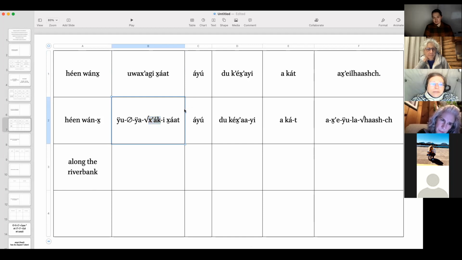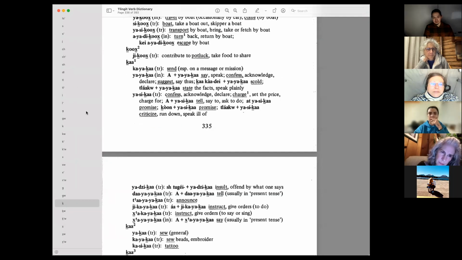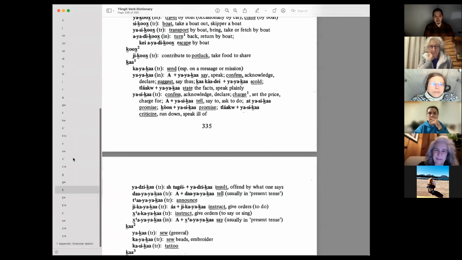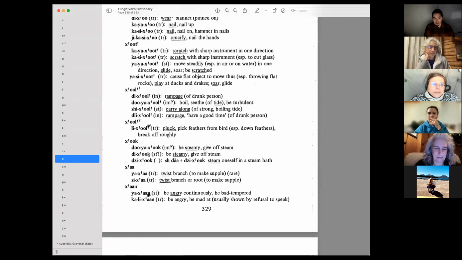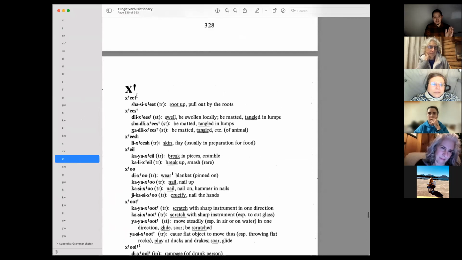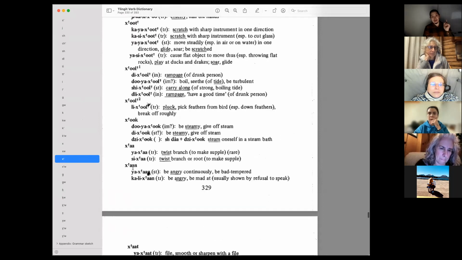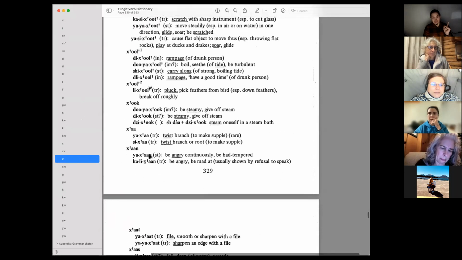So we'll go dive in for this one. So we're going to go for ak is what we're going to look for. So when we go to here, E, E, O, A, right?